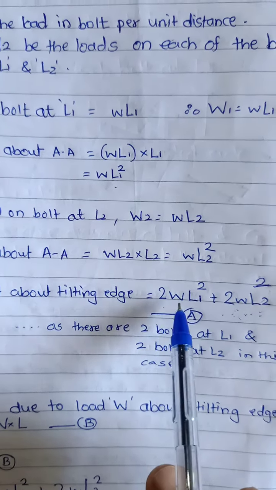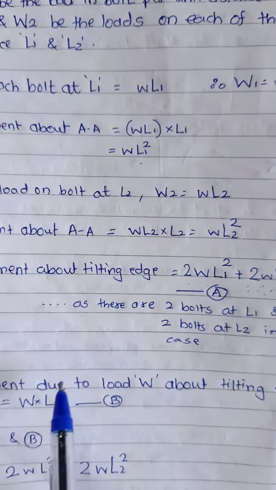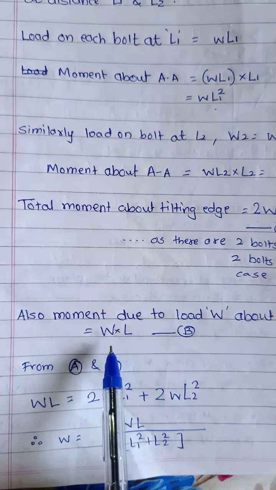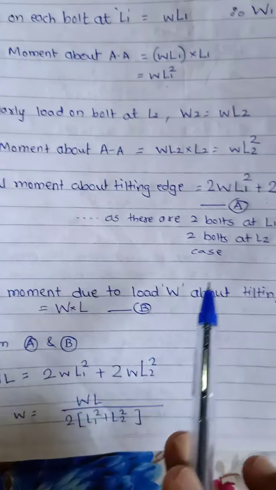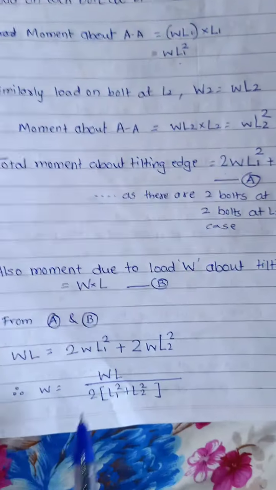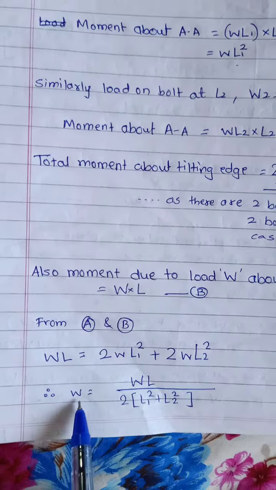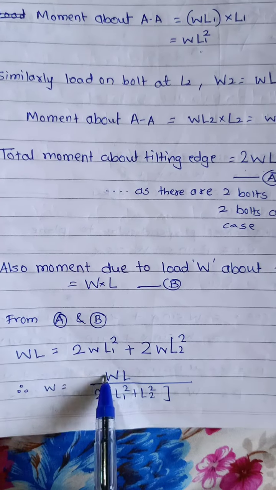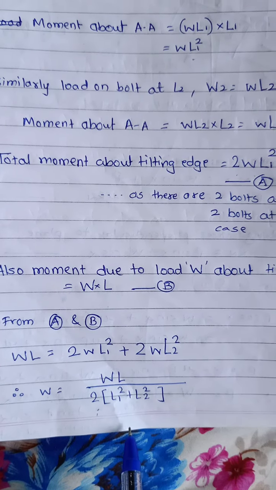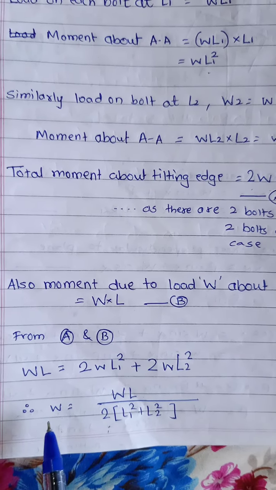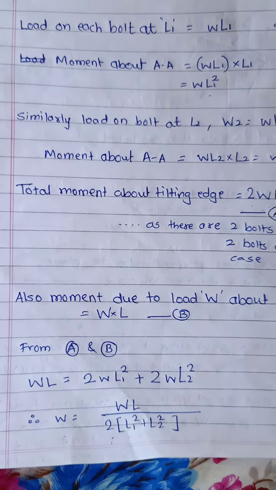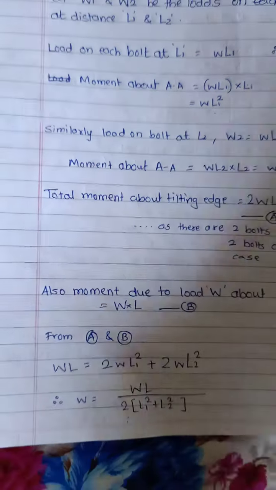So 2 w L1 square plus 2 w L2 square, and this moment will be equal to the moment of the external load, which is W into L. So we can equate W into L to 2 w L1 square plus 2 w L2 square, and that gives us small w is equal to W into L divided by 2 into L1 square plus L2 square. So from this we get the value of small w, which is the intensity of load per unit length.